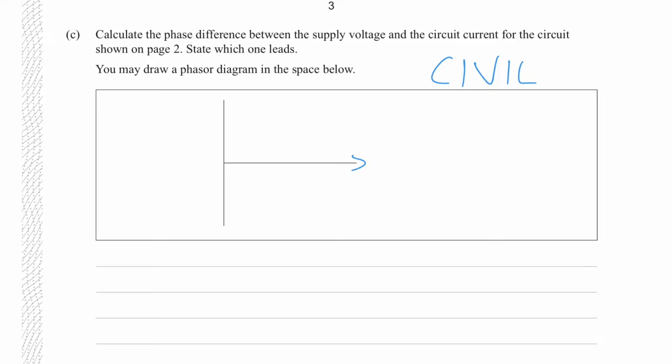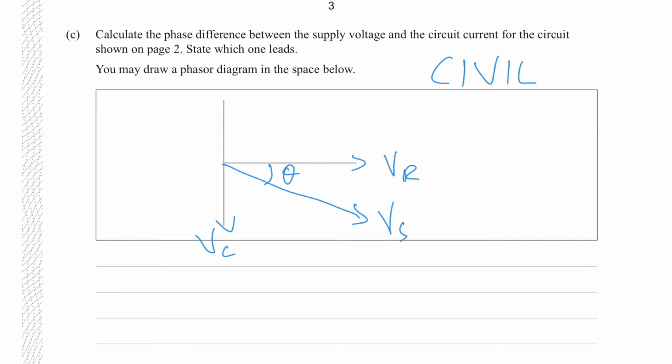So you've got voltage across the resistor here, voltage across the capacitor here. You're going to find the voltage of the supply, which we know, but we're after that phase angle.